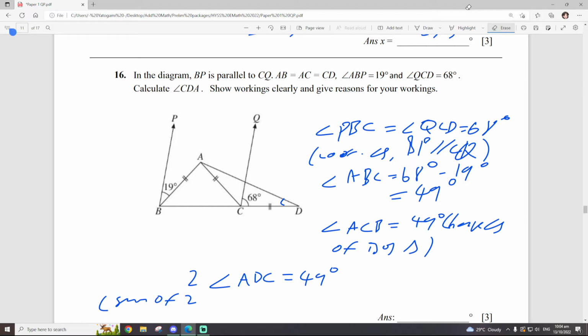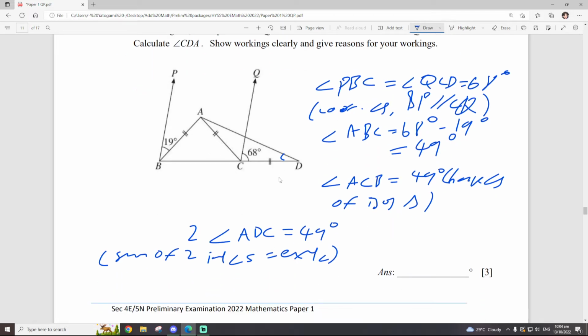The sum of two interior angles is equal to the exterior angle, and base angles of isosceles triangles also, actually. So there's two reasonings here, double reason, and therefore angle ADC is 24.5. Okay.